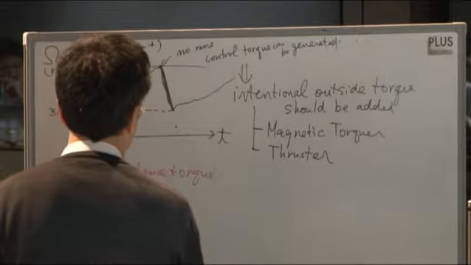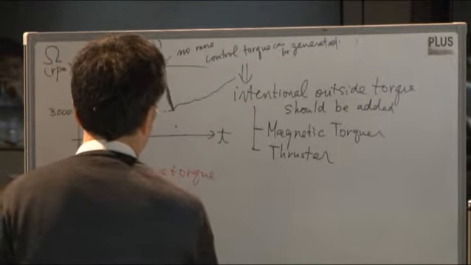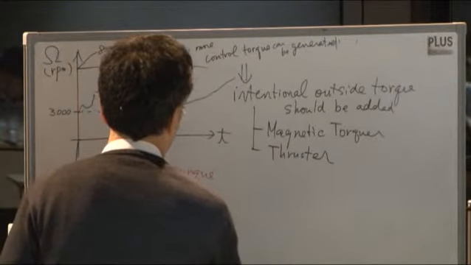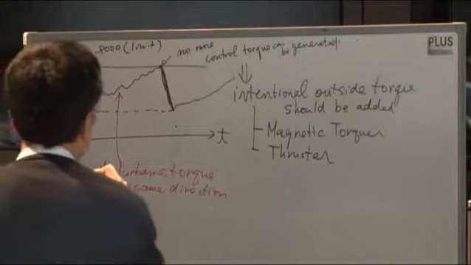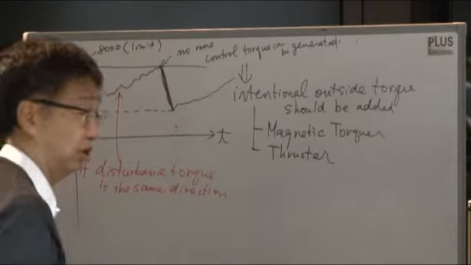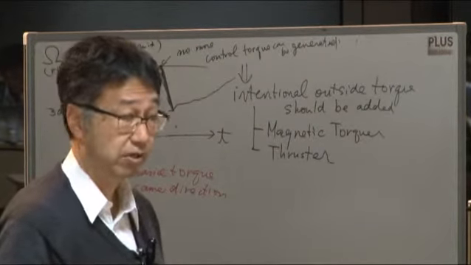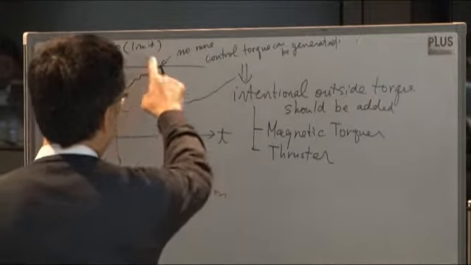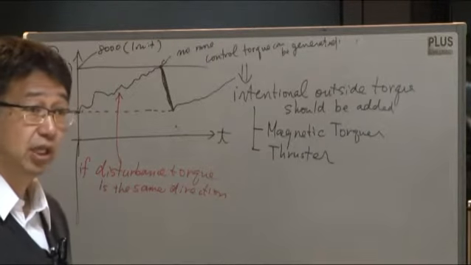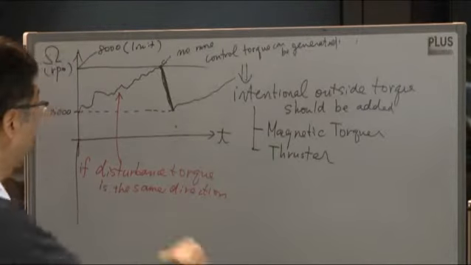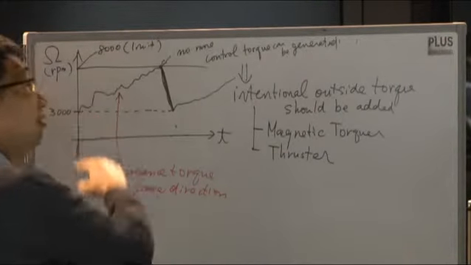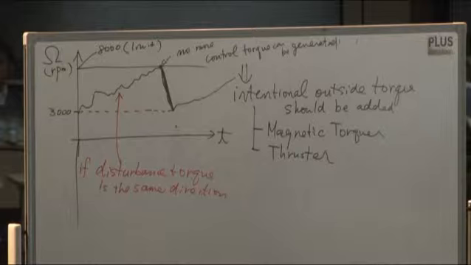If the disturbance torque is in almost the same direction all the time, then the wheel speed grows up. If the disturbance torque from the outside is oscillating, then of course the wheel speed will oscillate.